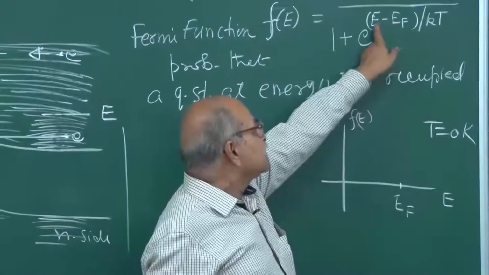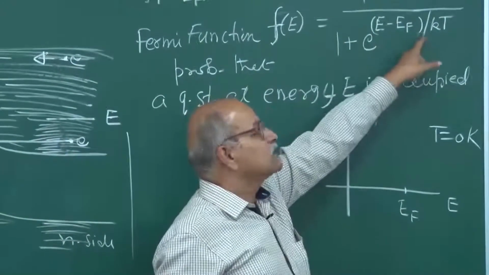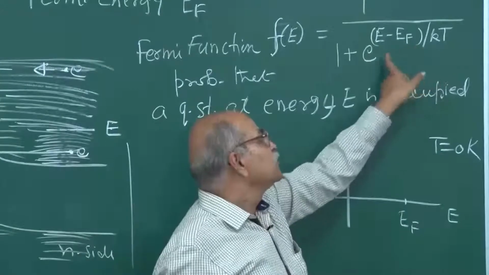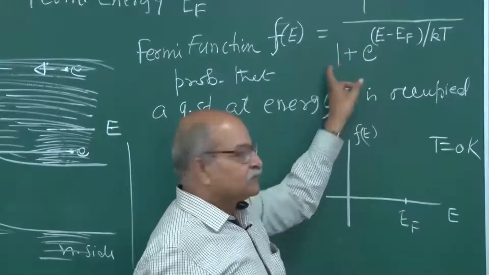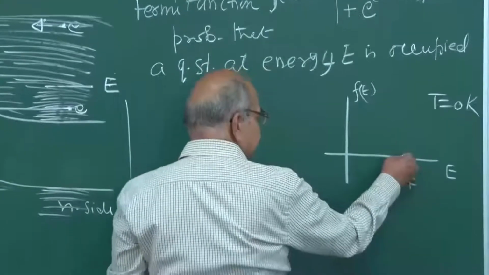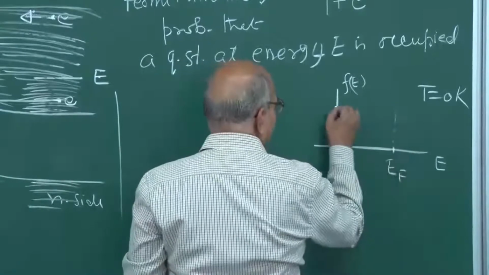And if E is less than EF, it will be e to the power minus infinity, and e to the power minus infinity is 0, so this function will be 1. So for all energies less than EF, this function will be 1.